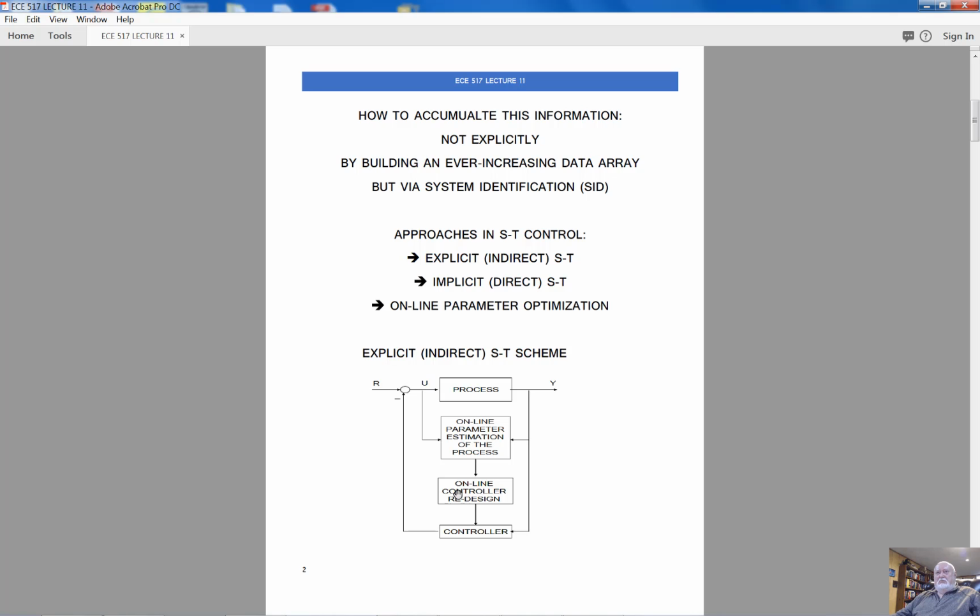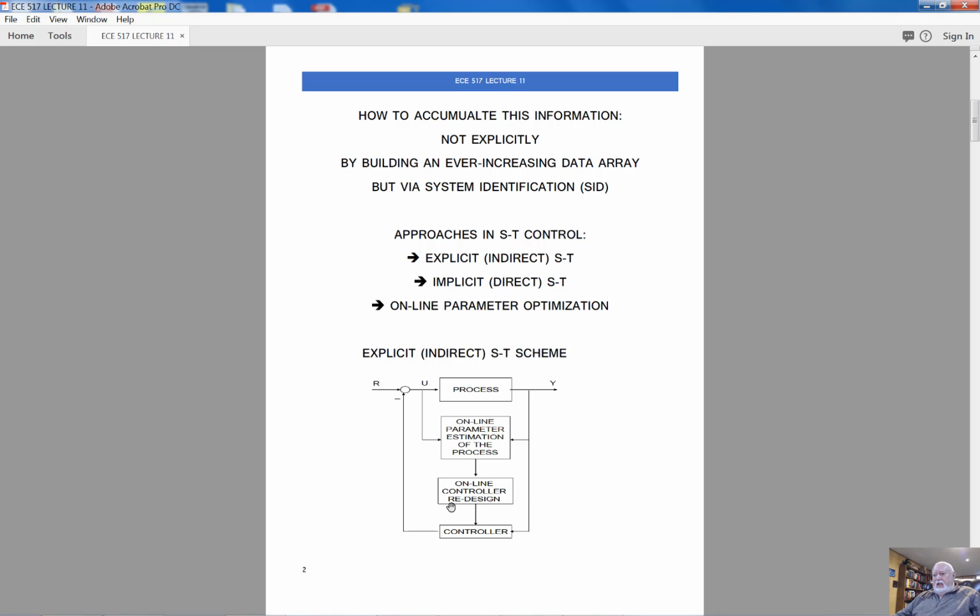But we can always have a procedure for updating the control law, for improving the control law, that operates with some time step, maybe once a second, for example, maybe 10 times per second, which is acceptable in many technical systems.